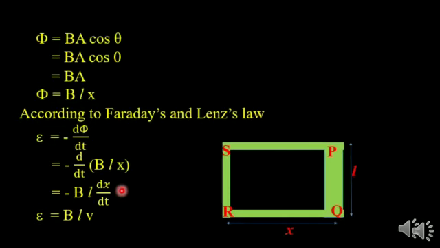Since the rate of change of displacement is velocity, and here velocity is in the direction of decreasing x, thus minus dx by dt equals v. Hence, EMF induced in the conductor PQ is epsilon equals BLv. The induced EMF is also called motional EMF in this case.